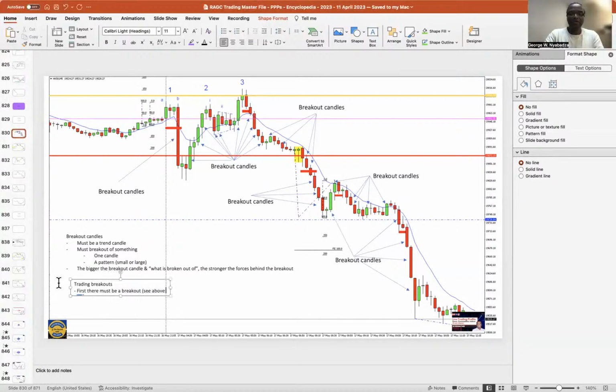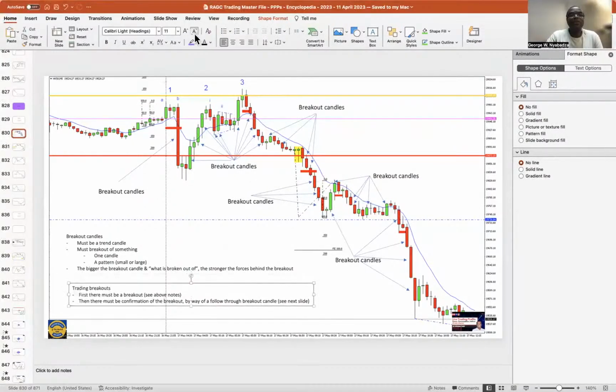See above, the knots. Okay, so there are the knots. There must be a breakout. See above the knots. Okay, then there must be confirmation of the breakout by way of a follow-through breakout candle. The next slide. Okay, so we're going to go on to the next slide quickly and just put that in.